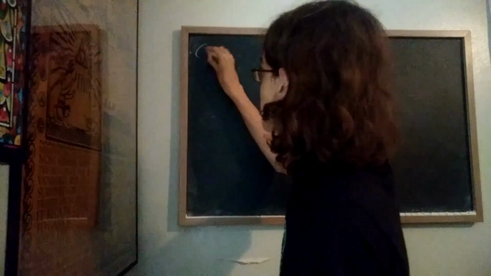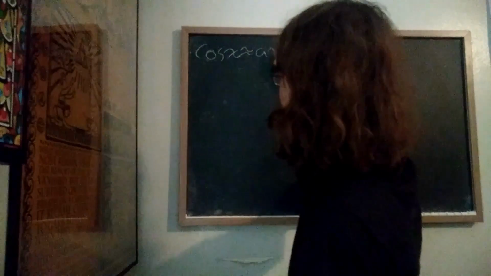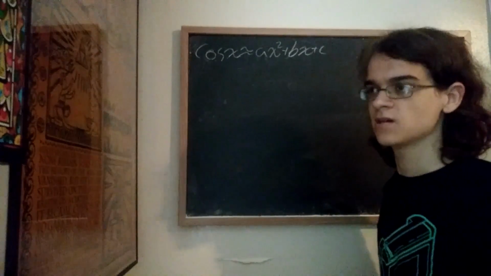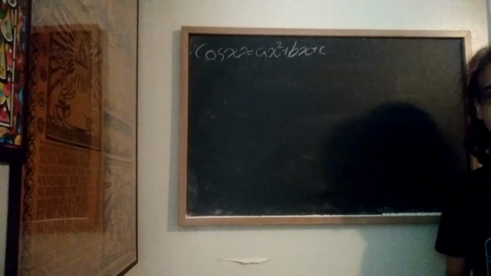And how we do that is we use polynomials. So in the case of cosine, we would like to find a polynomial that approximates cosine. And we're going to start off with a quadratic, just ax squared plus bx plus c. And how can we quantify what we mean by approximating?